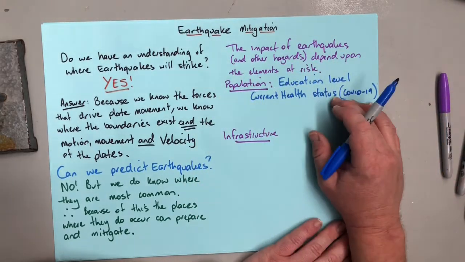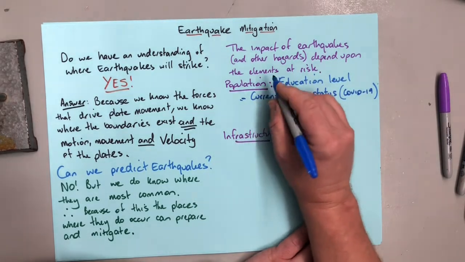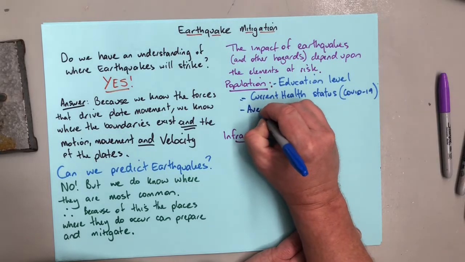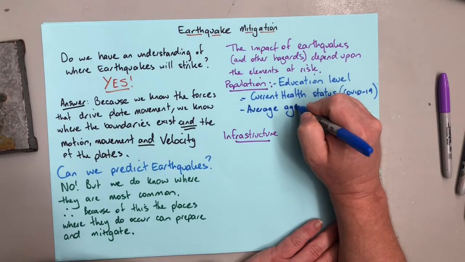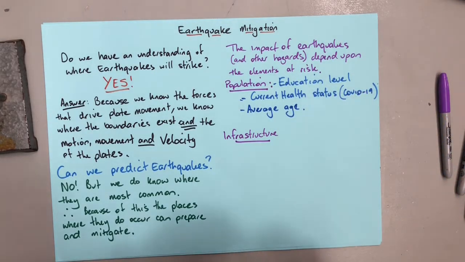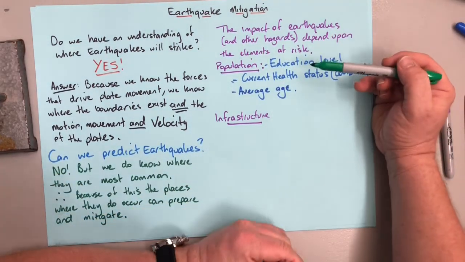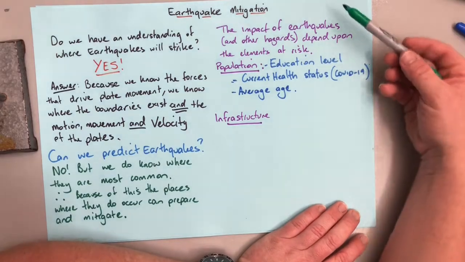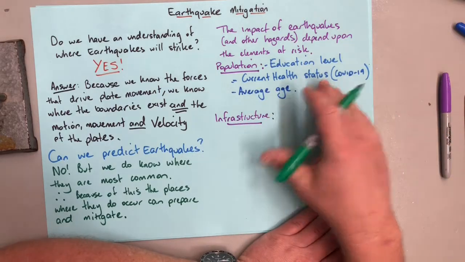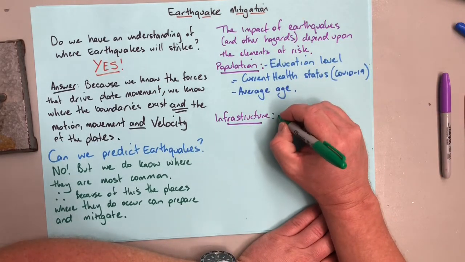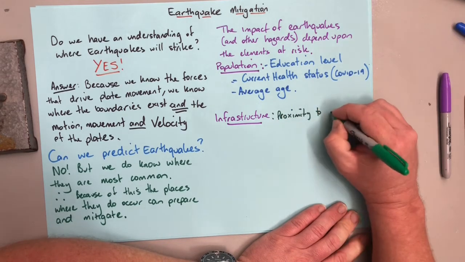What other things might change the risk of a population? So we've got education level, we've got the health status, you could also say the average age. A place with an older age group could be more at risk. Now I've talked about infrastructure. So the infrastructure that you have, how does that make you more at risk of an earthquake? Well, let's see: proximity to hospitals.